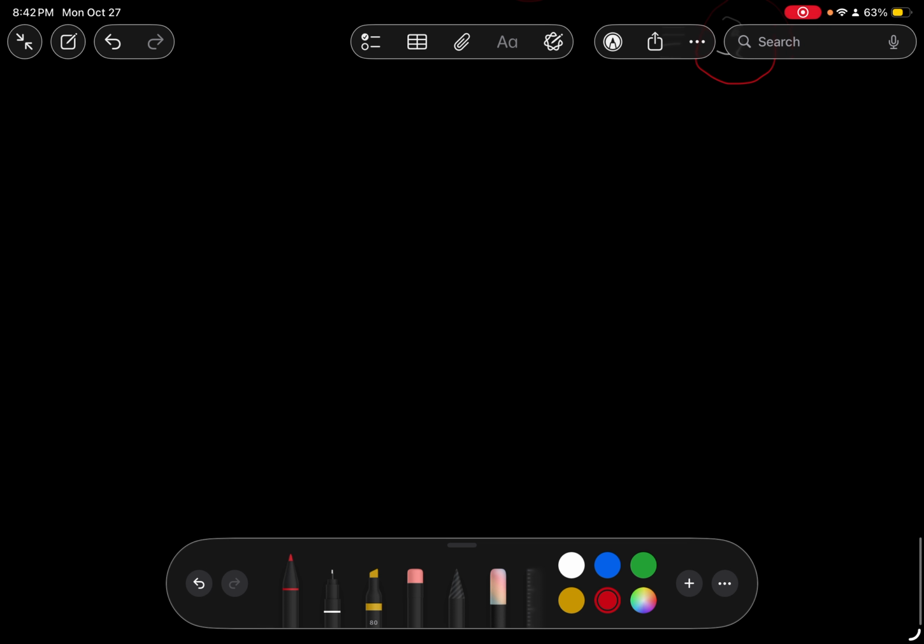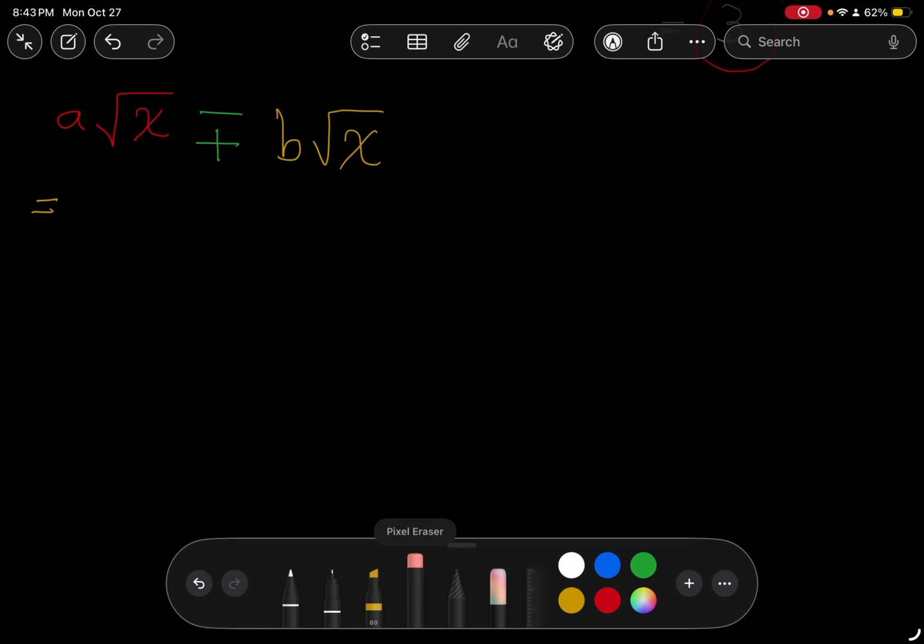Now we have simplify radical. How can I simplify any radical? So easy. We have a radical of x, plus or minus b radical of x, equal a plus or minus b.